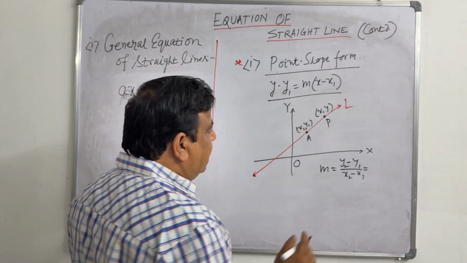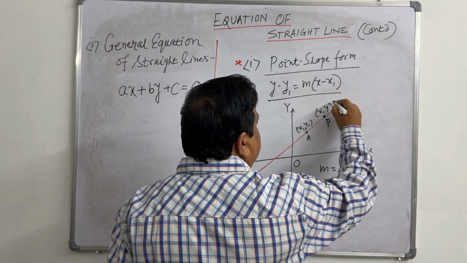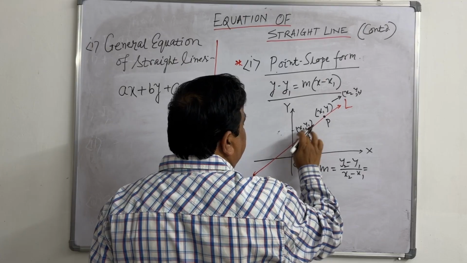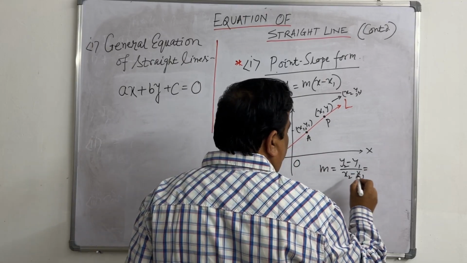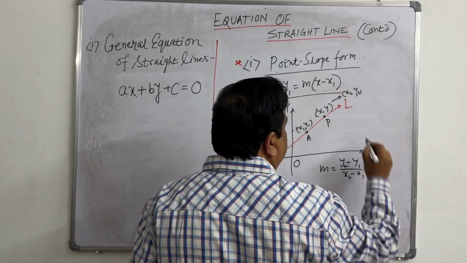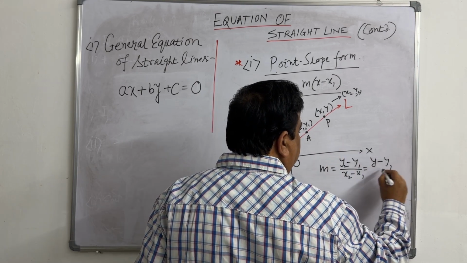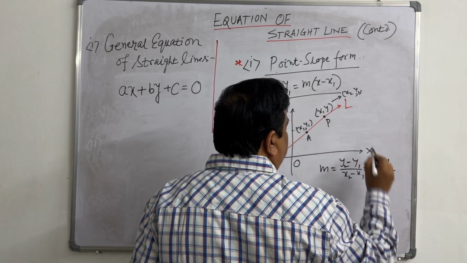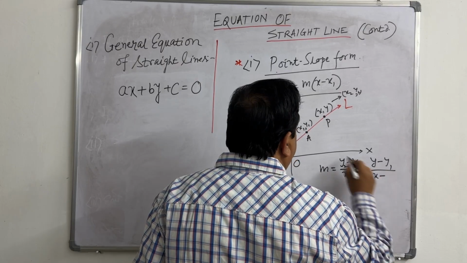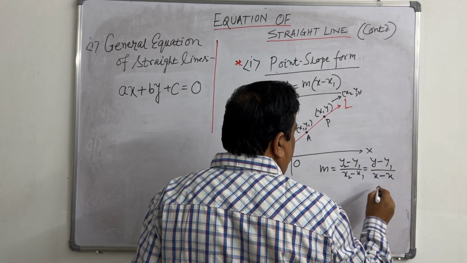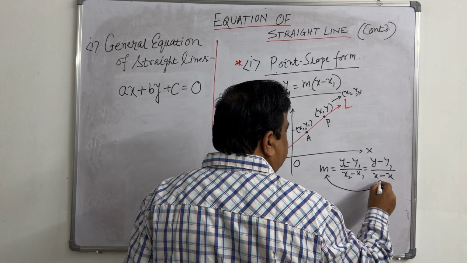Okay, say this is x2 y2, this is given as x1 y1. So put the values. What is y2? That is y, minus what is y1? It is y1. What is x2? That is x, minus x1. Okay, so I am getting this relationship.